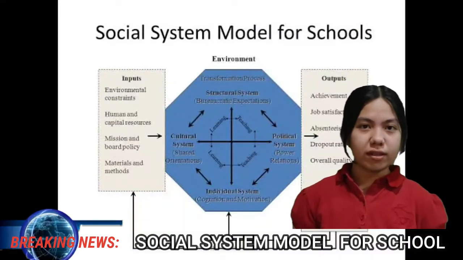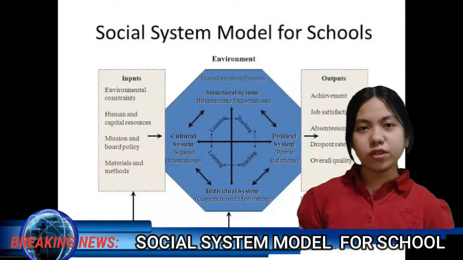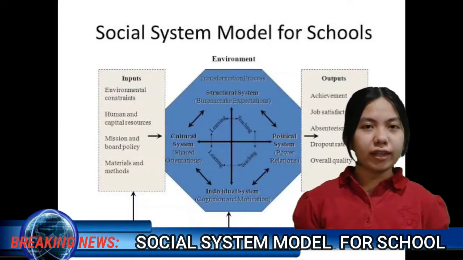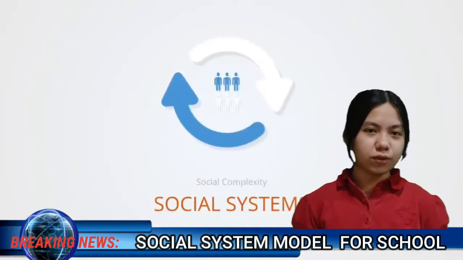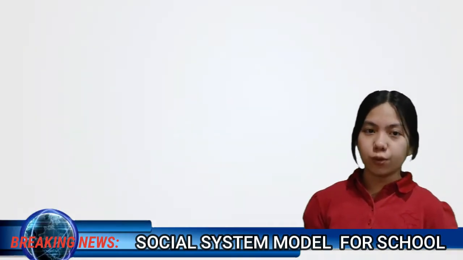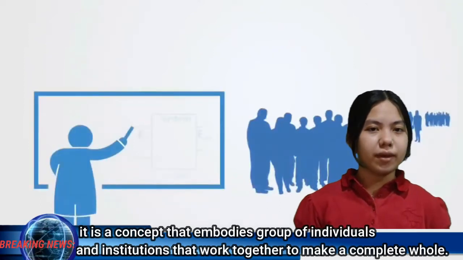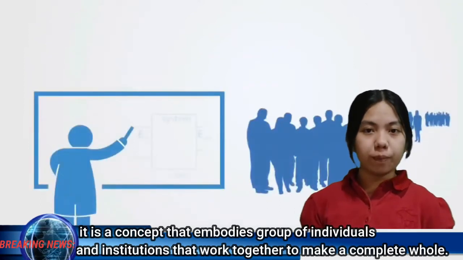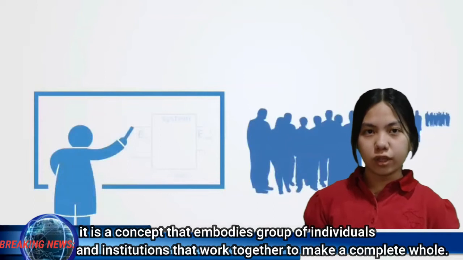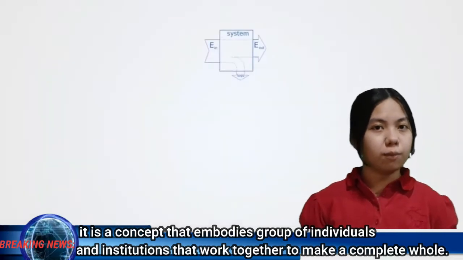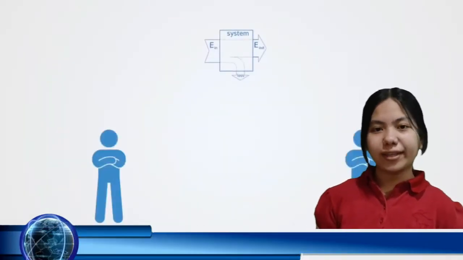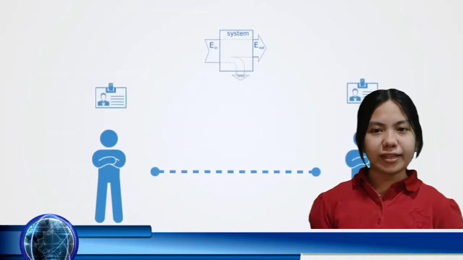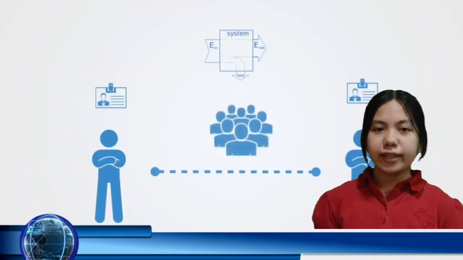Thank you, Lorita Moas. So I will be discussing the social model for school. But before that, let us talk about the concept of social system and how it is applied in school. So what is social system? It is a concept that embodies a group of individuals and institutions that work together to make a complete whole. It also identifies relationships that connect people and organizations that could contribute to the institution at large.